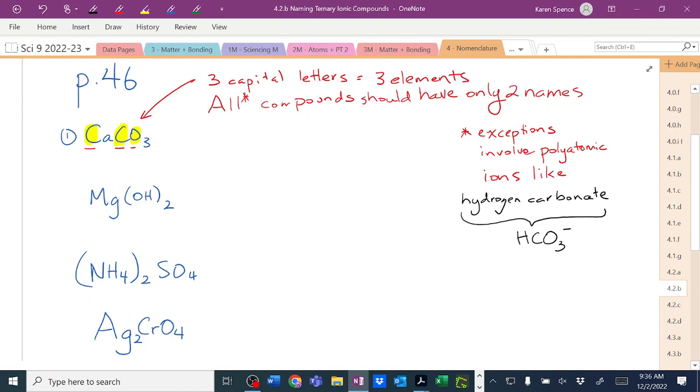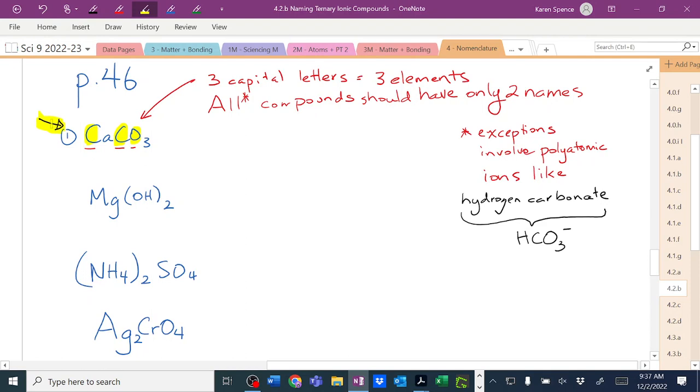So, if we only have 2 names, that means we can only have 2 ions. So our first ion, where does our first ion end? Tell your partner what letter is the last letter of the first ion in this one here.